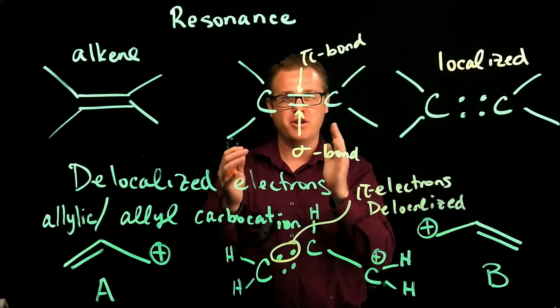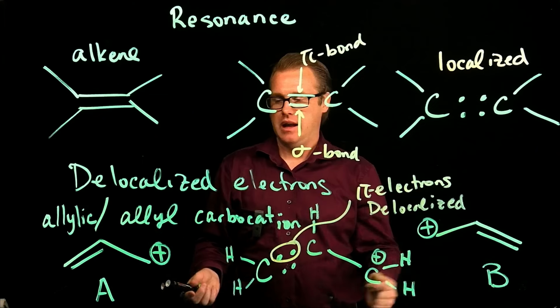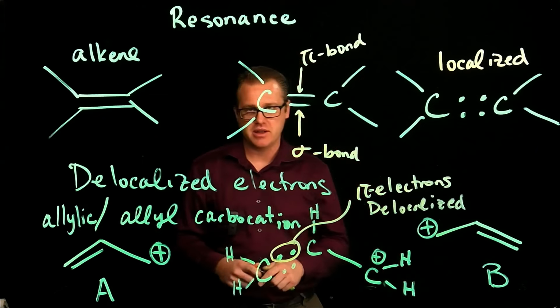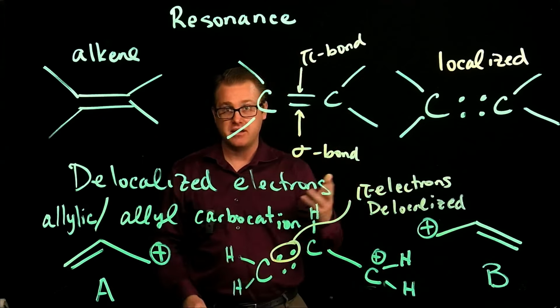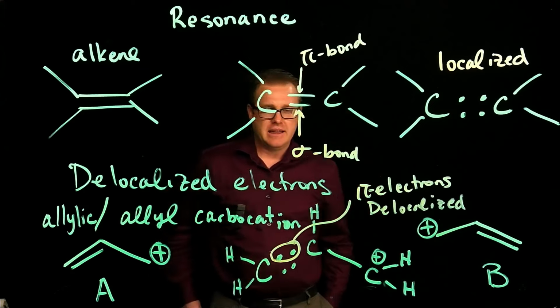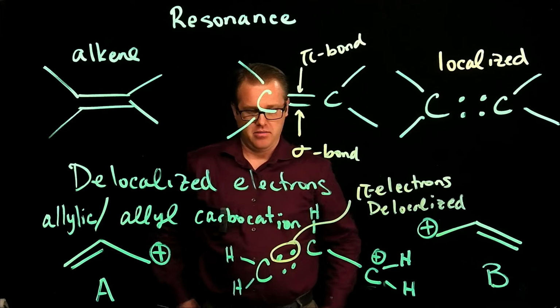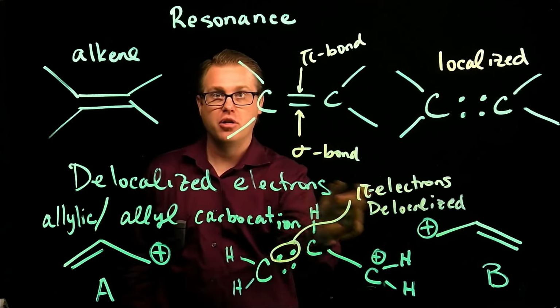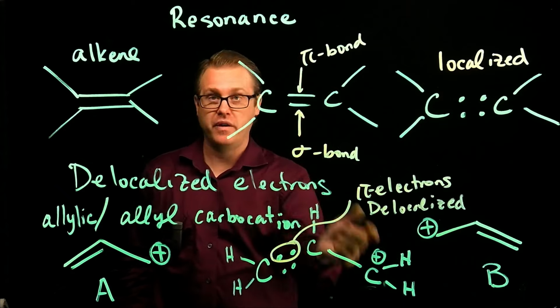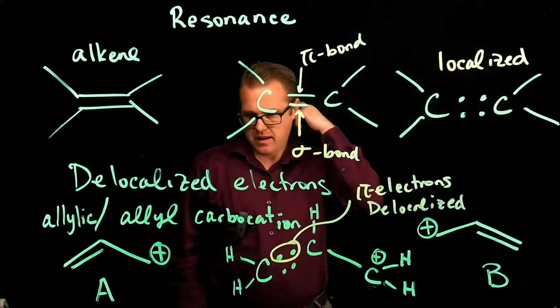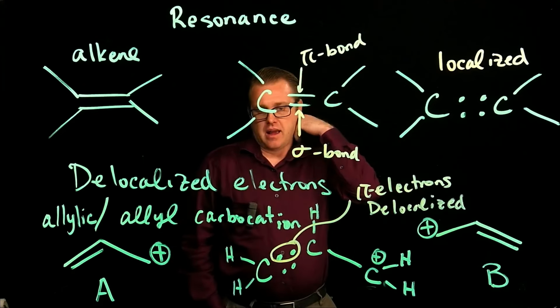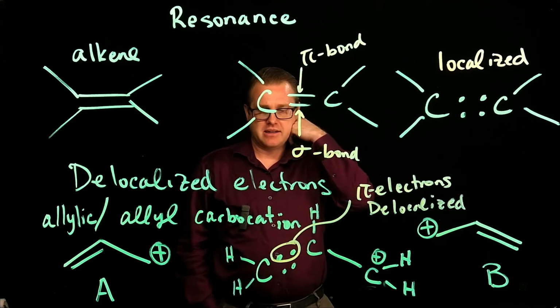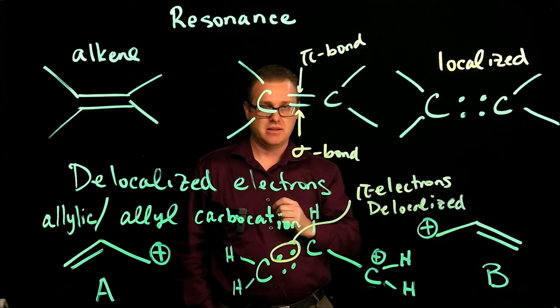How do you just draw one structure? And so the skeletal structure, or the way to draw molecules using the skeletal structures, kind of falls apart here because it can't represent those electrons delocalizing or moving around. And so what we have here is a concept called resonance.